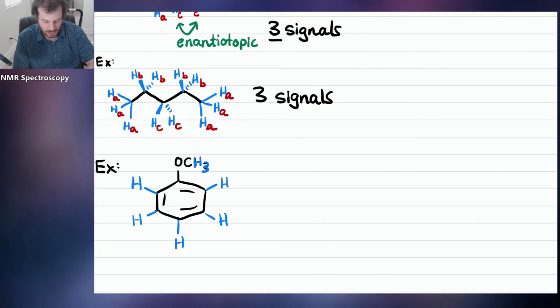Obviously, those are going to be unique. These 2 hydrogens are homotopic with each other. As we build outward here, they're the same by symmetry in the exact same chemical environment. Those 2 hydrogens are the same, and then this hydrogen down here is unique. So this is going to give us 4 signals.